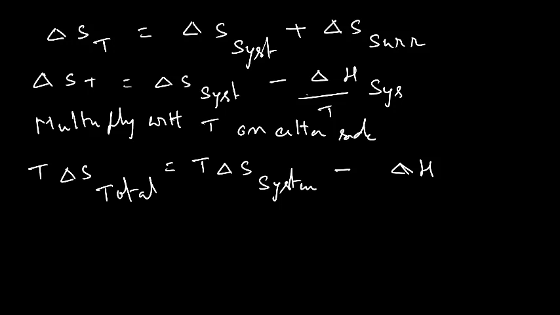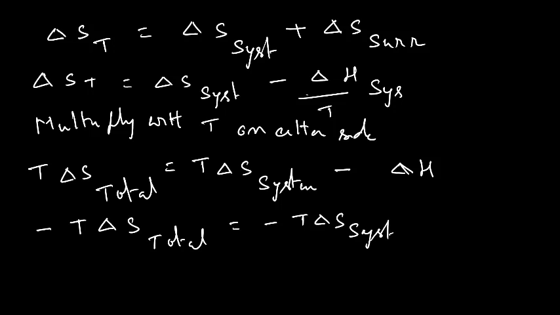Now multiply with a minus sign. Therefore, minus T delta S total equals minus T delta S system plus delta H. This is nothing but minus T delta S total equals delta H minus T delta S. What is delta H minus T delta S?